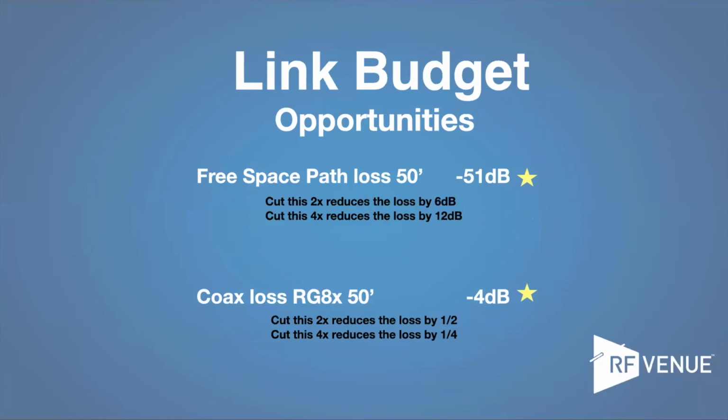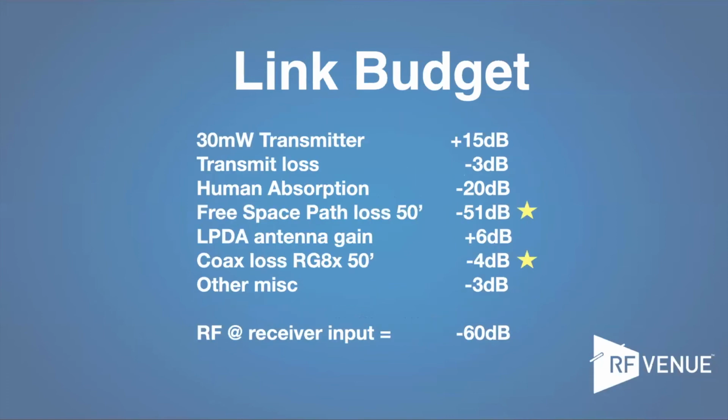Other than all the detail that you can add in, the biggest drivers of this number that you can typically control are the transmit power on your wireless mic, and the free space path loss number, the distance between receive antenna and transmitter.